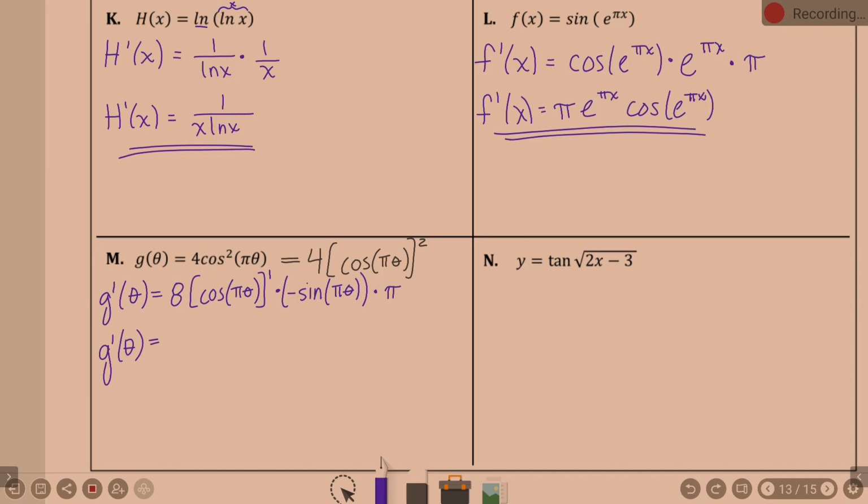I would do negative 8 pi, because you're putting all your coefficients out front together. Negative 8 pi cosine pi theta sine pi theta.